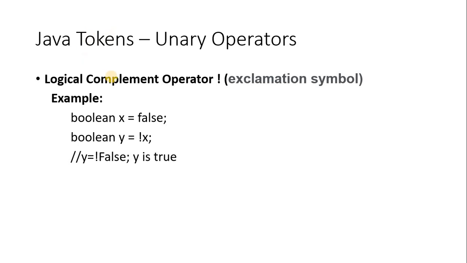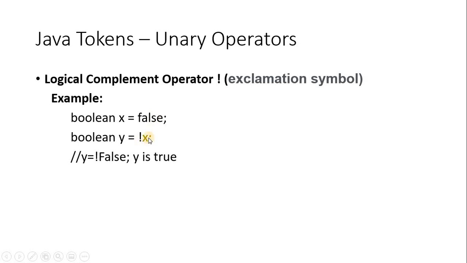Another unary operator is the logical complement operator with the exclamation symbol. It will always give the negative value. For example, if you say boolean x is false and you say not x, what will happen? It will return a true value because x is already false.